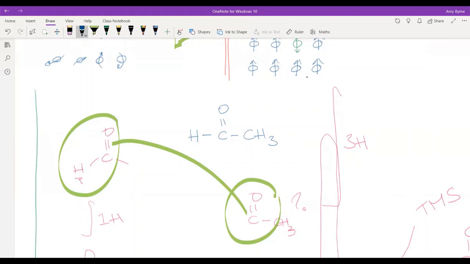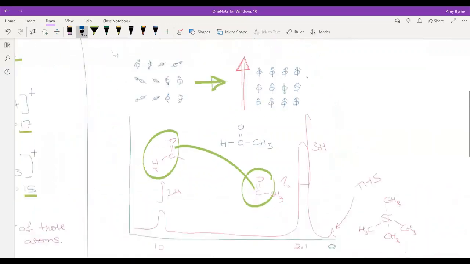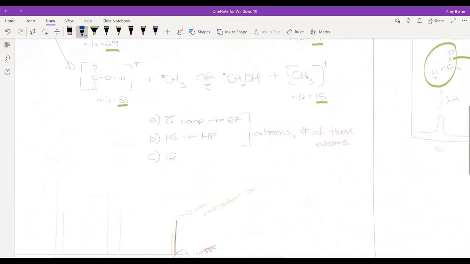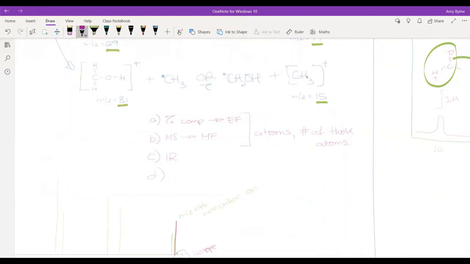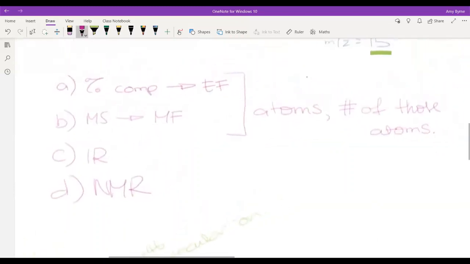So combining these techniques is more important. Knowing these, this order that I am suggesting, this is the order that I would do things in.